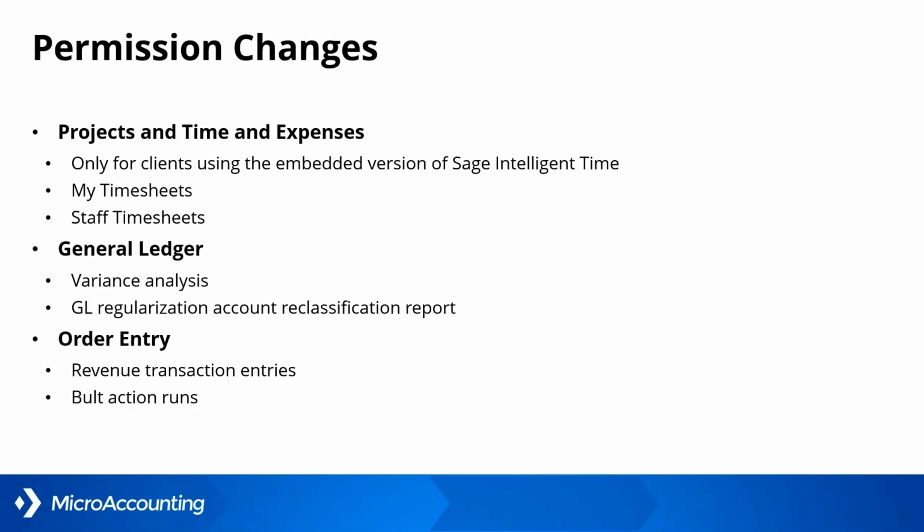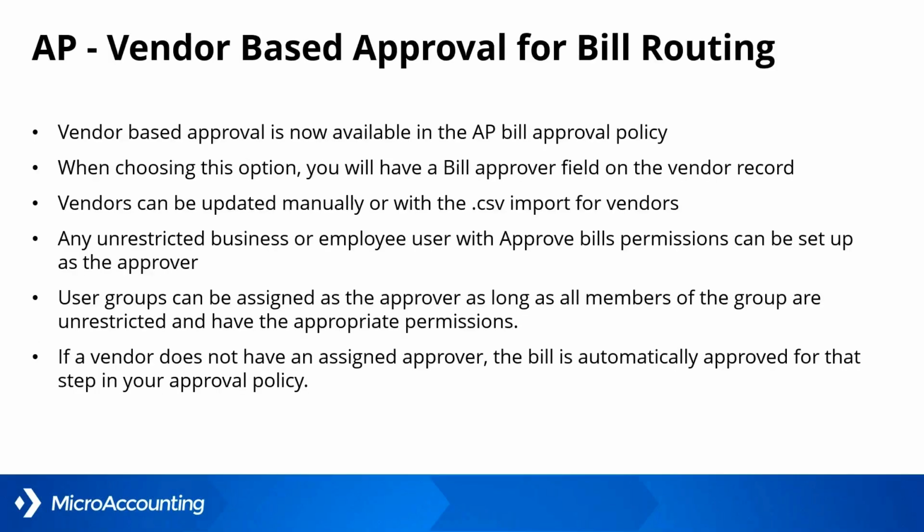Under the general ledger, there is some new reports available and some new functionality with some variance analysis and GL regularization, account reclassification. That's a mouthful. And then under order entry, revenue transaction entries and bulk action runs. Sorry for the typo there. So a few permission changes that you may want to look at and make sure that your users have all of the permissions that they need.